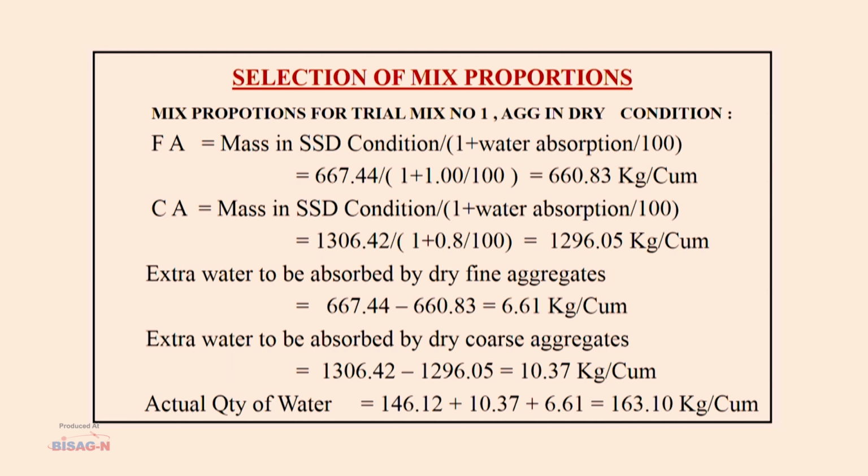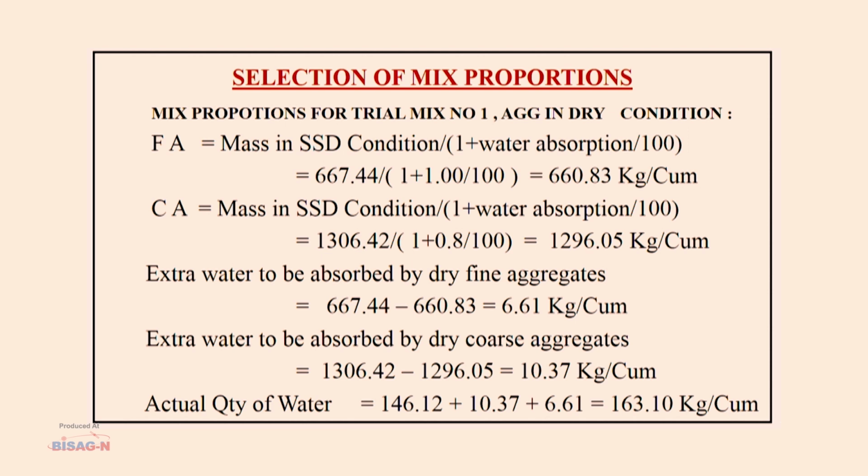Fine aggregates mass, with water absorption of 1%, will come to 660.83 kg per cubic meter. In that manner, with 0.8% water absorption in coarse aggregate, it will come to 1296.05 kg per cubic meter. So, extra water has to be added for this dry condition aggregate to become saturated surface dry, because we have designed that in saturated surface dry conditions.